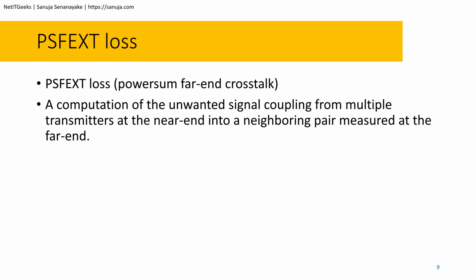Faulty termination hardware like bad keystone jacks or patch panels can also contribute to increased PSFEXT. Improper cable installation, poor practices such as improper cable routing or bundling or bending, can cause PSFEXT loss.